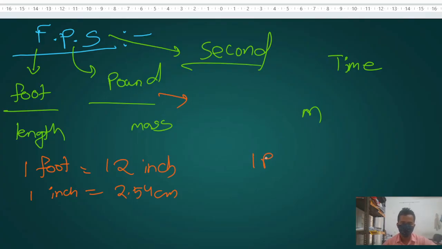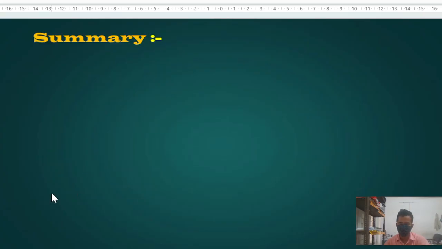So 1 pound is equal to 453.592 gram. Okay, in the F.P.S system, we are using foot, pound, second for expressing length, mass, and time respectively.